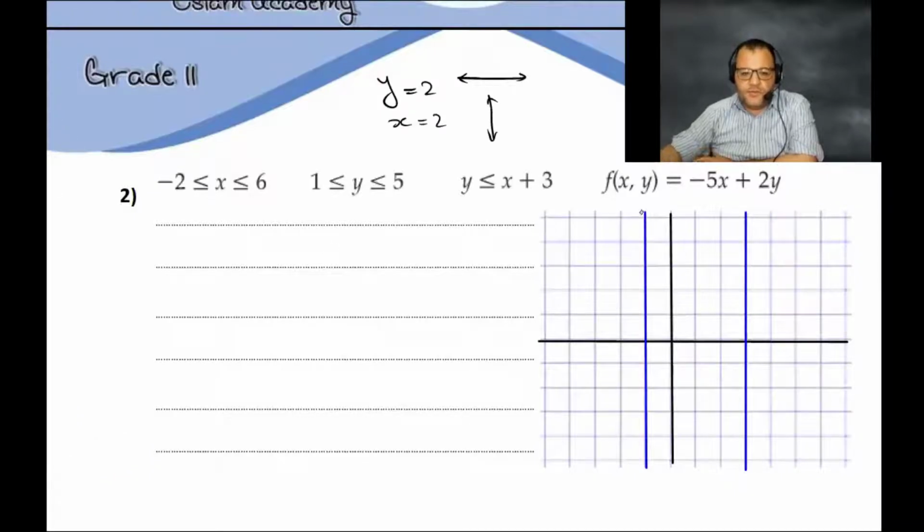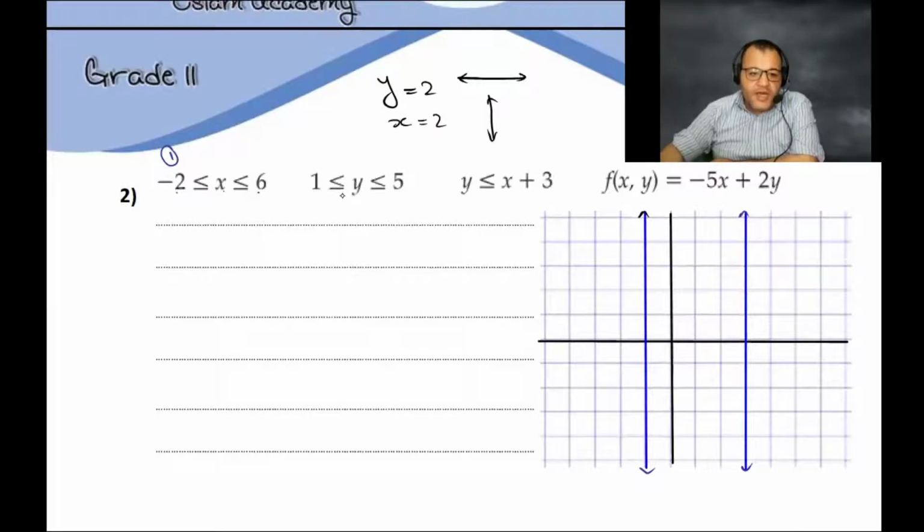That is the first line and that is the second line, both for inequality number 1. So the shaded part will lie between them. The solution is the common shaded region between the two lines.